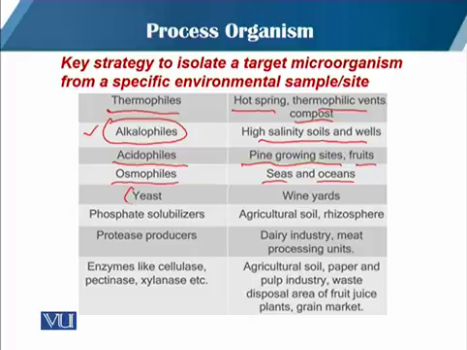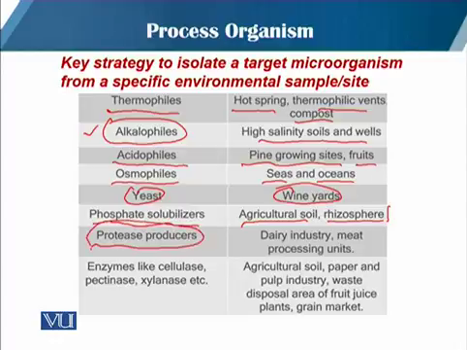As concerns yeast, we can have the vineyard, etc. If we want a phosphate solubilizer microorganism, then agricultural soil, the rhizosphere, is the best choice. If we want to isolate an organism with better protease potential, then the dairy industry and meat processing units, where meat or protein substrate is abundant.